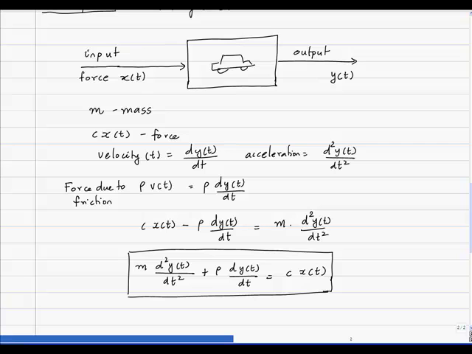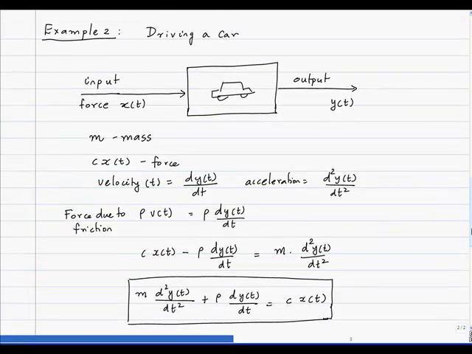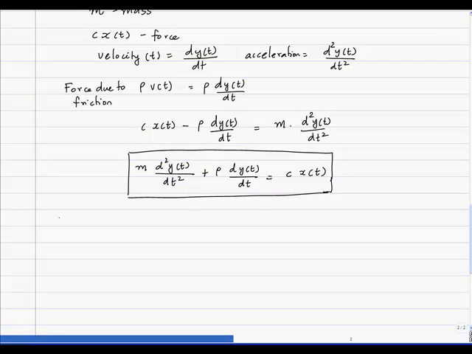Now, in this problem, typically what we may be interested in is one of a few things like this. Typically what we want to do is control the force in such a way that we get to a certain position at a certain time, right? So what we typically have is constraints on y of t.